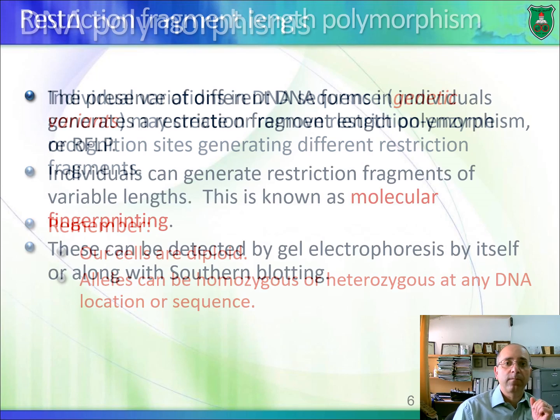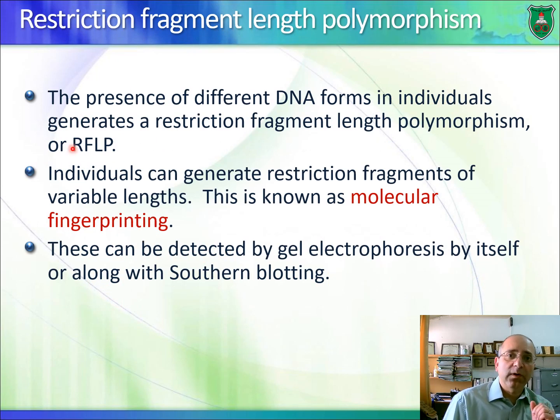Now, that's what restriction fragment length polymorphism means. That is RFLP. So basically, it's polymorphism, different lengths or multiple shapes, okay, of what? Of the length of what? Of the fragments, the DNA fragments. What DNA fragments? The DNA fragments that are generated by restriction endonucleases.